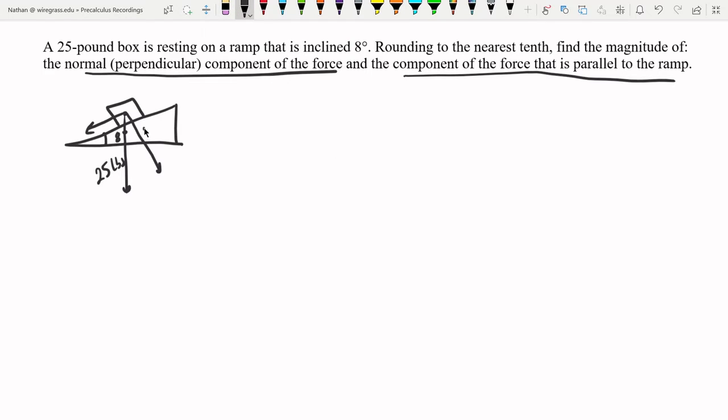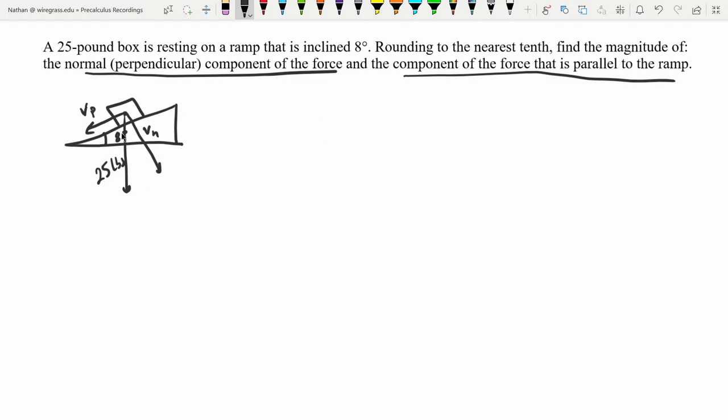I'll do it like this: V normal for the normal component. It's called normal for physics reasons. It's actually really pointing this way, but it doesn't really matter. And then we also have the V parallel. So VP and VN, those are the ones that we're trying to find.